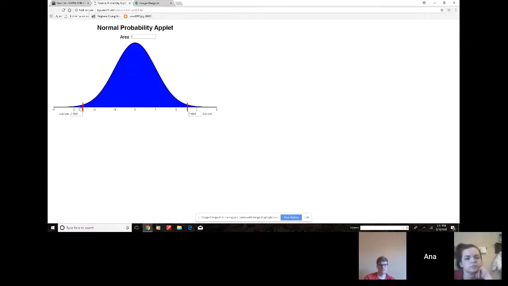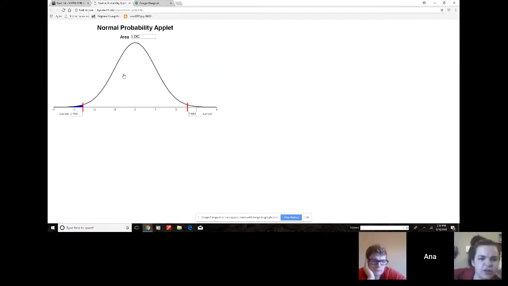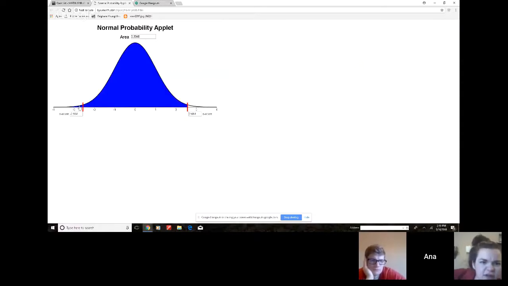Wait, where does this need to go? Try just unclicking the middle. What is that, the middle? No, do both sides. And unclick the middle. Okay, so what does that say? 1.068.